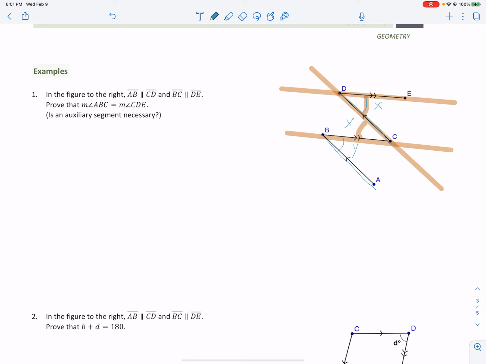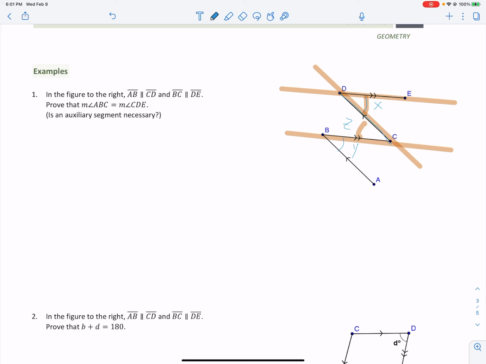So this is X. Now I'm going to call this Z just because we're going to use it a lot. It is actually, if you want to write it using their notation, the measure of angle BCD. Okay? Be careful about that. Let me just kind of clean this up a little bit. All right. So that, I'm just going to call it Z, though.